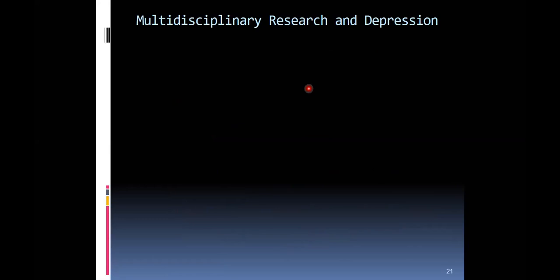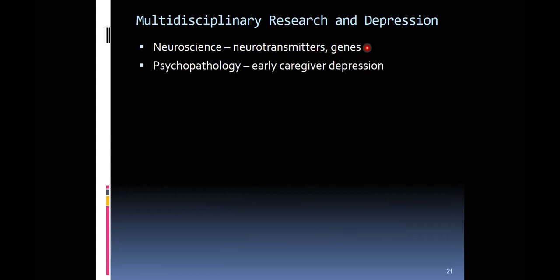So here's an example of how that might come into play, just understanding depression. From neuroscientists, we have learned that the action of various neurotransmitters can be involved in depression, as well as certain genes that may make people more vulnerable to depression.